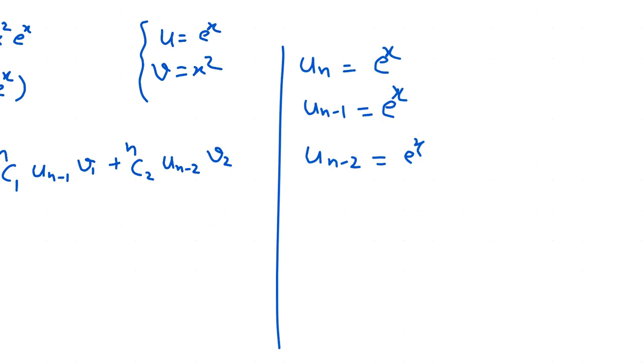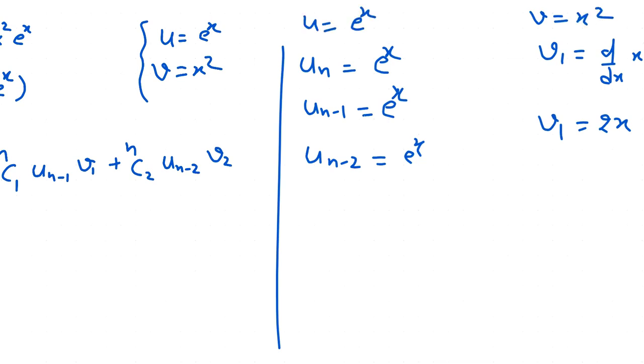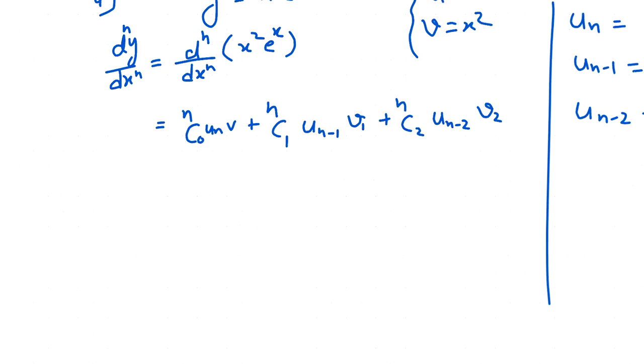The first order derivative of x square, v1, is 2x, where v is equal to x square and u is equal to e to the power x. v2 will become 2 and v3 becomes 0. Okay, so we will take terms till here only, because after that we will have 0, meaning the derivative of v is 0.